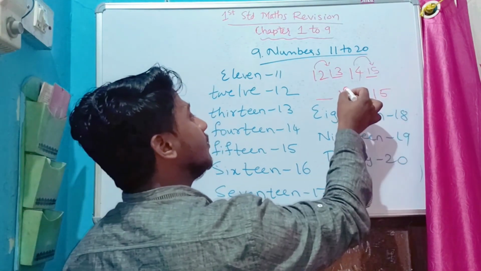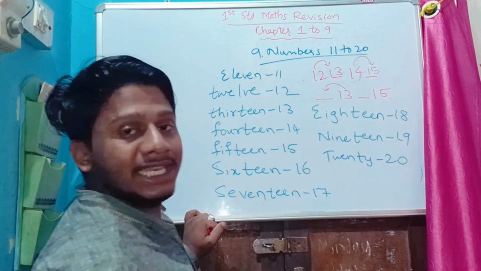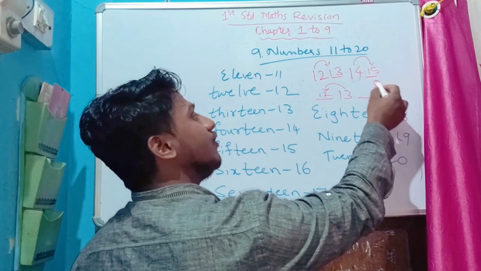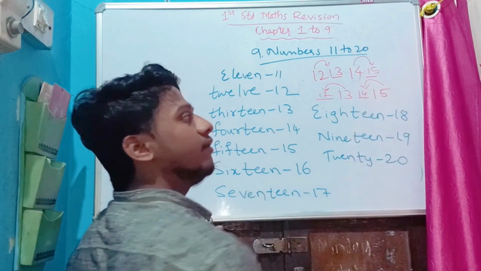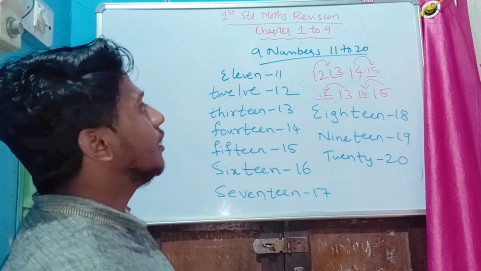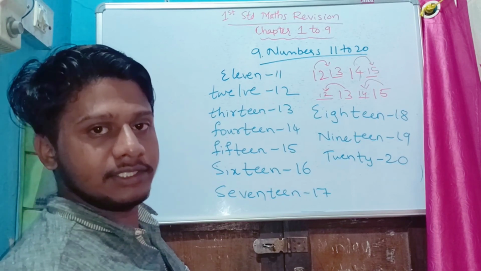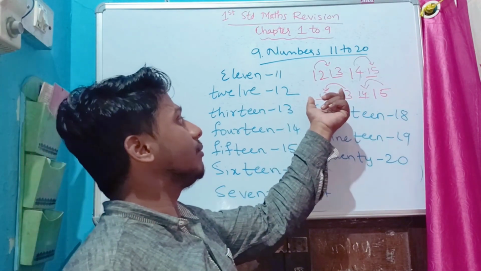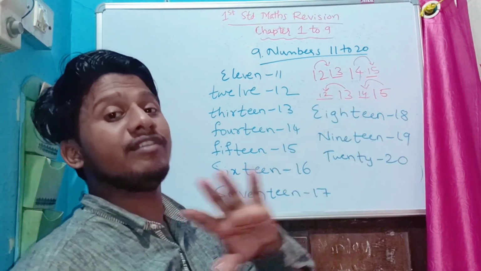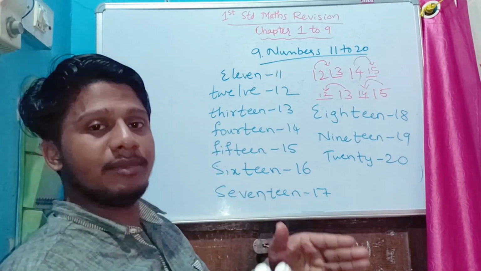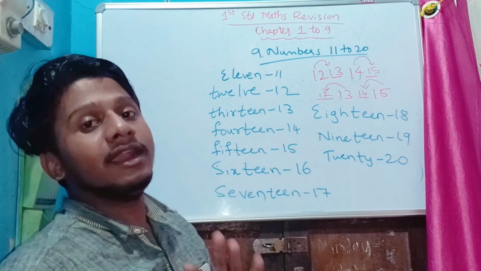Which number comes before 13? It is 12. Which number comes before 15? It is 14. Clear with this, kids? And in this you should be able to split these numbers into units and tens. That is important. Okay, you should be able to split these numbers into units and tens.